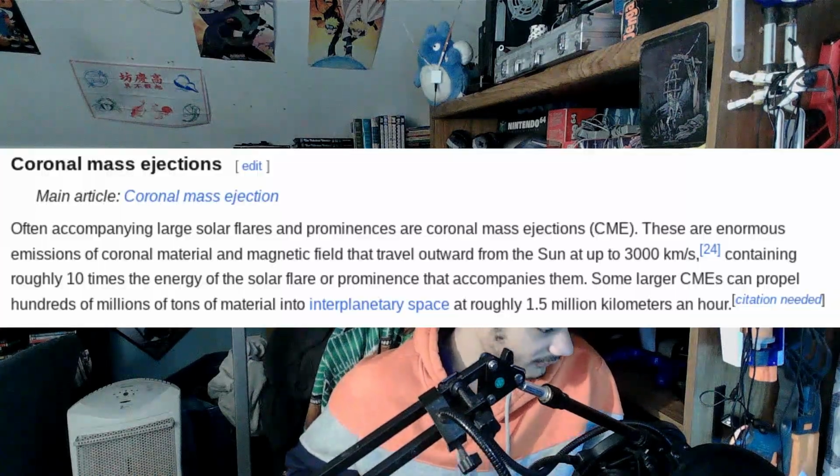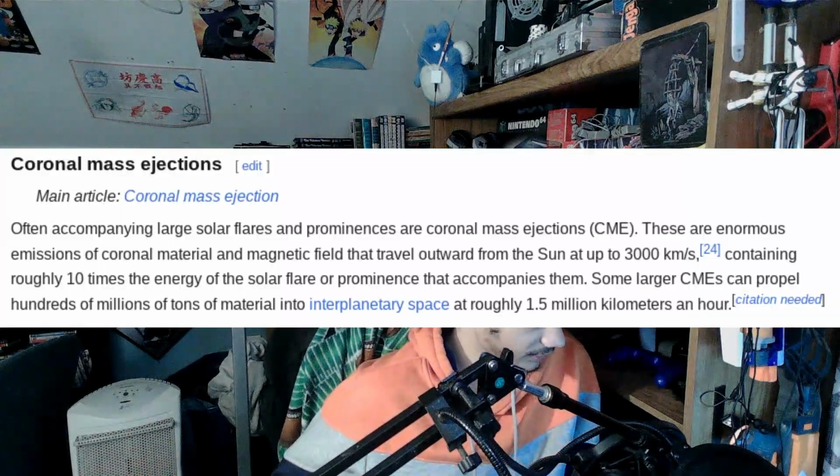These are enormous emissions of coronal material and magnetic field that travel outward from the sun at upwards of 3,000 kilometers per second, containing roughly 10 times the energy of the solar flare or prominence that accompanies them. Some larger CMEs can propel hundreds of millions of tons of material into interplanetary space at roughly 1.5 million kilometers per hour.